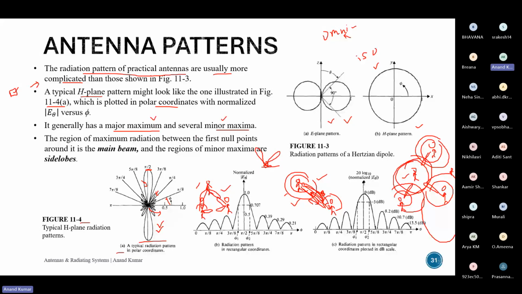And the region of maximum radiation is between the first null points. The first null points are over here. So you see this line over here. This is the place where the power becomes zero, or close to zero, like we have the minima there. The minima are known as the nulls.